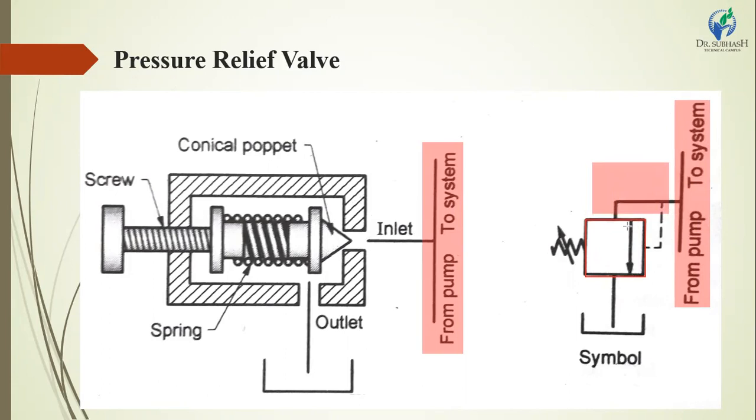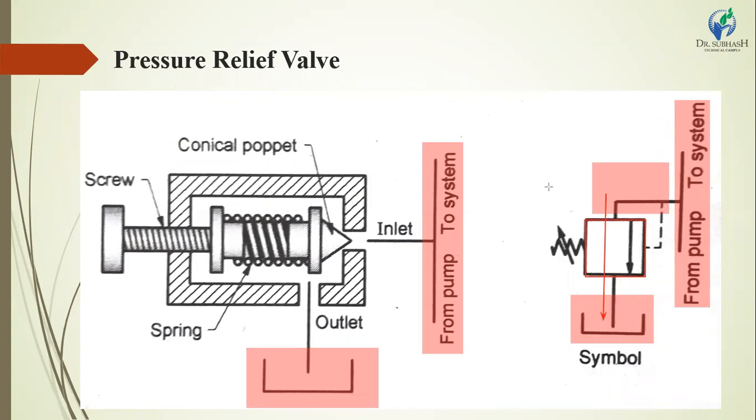This arrow direction shows the flow path of the hydraulic oil, meaning the flow path is from the inlet to the outlet at the hydraulic tank. In the bottom direction we have to show a hydraulic tank.